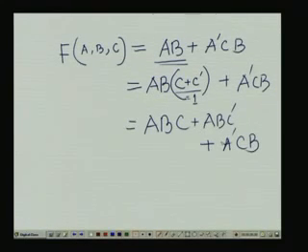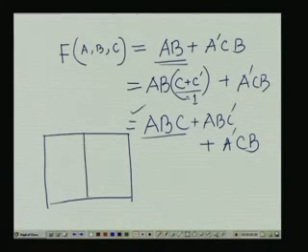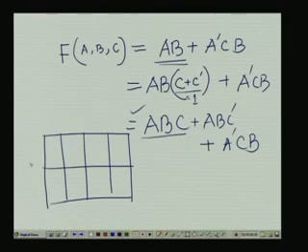So this is a sum of product form where all the min terms contain all the variables, and this is absolutely necessary when we are making the truth table or the Karnaugh map, because we need to know which elements will be 1. Say we draw a Karnaugh map for 3 variables.